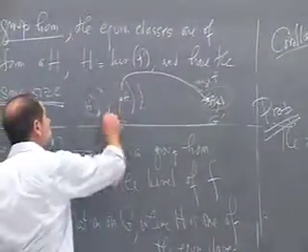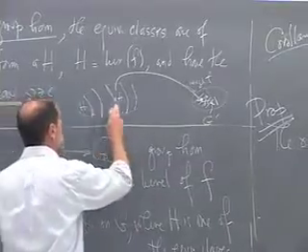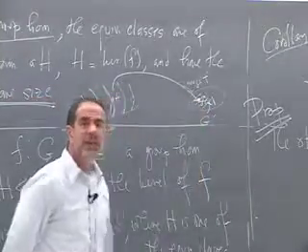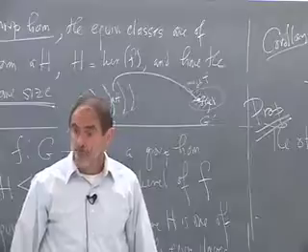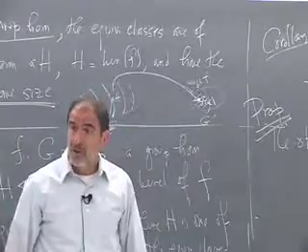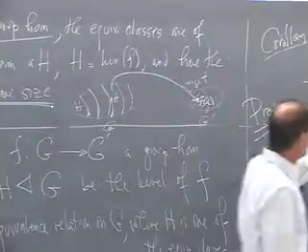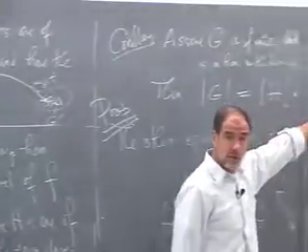Each coset contains the same number of elements, and the number of cosets is the number of points in the image. Good? So this is the order of the kernel. This is the order of the image.